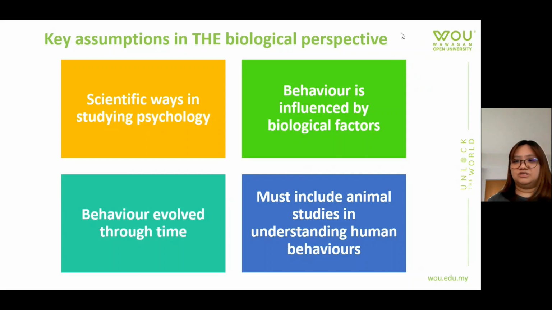But for a biological perspective, why do they prefer to use animals as observation objects? It is because, compared to human beings, animals have a shorter lifespan, from the day they are born until the end of their life. So scientists can spend less time doing the observation. After that, they will apply what they have observed to explain human beings.